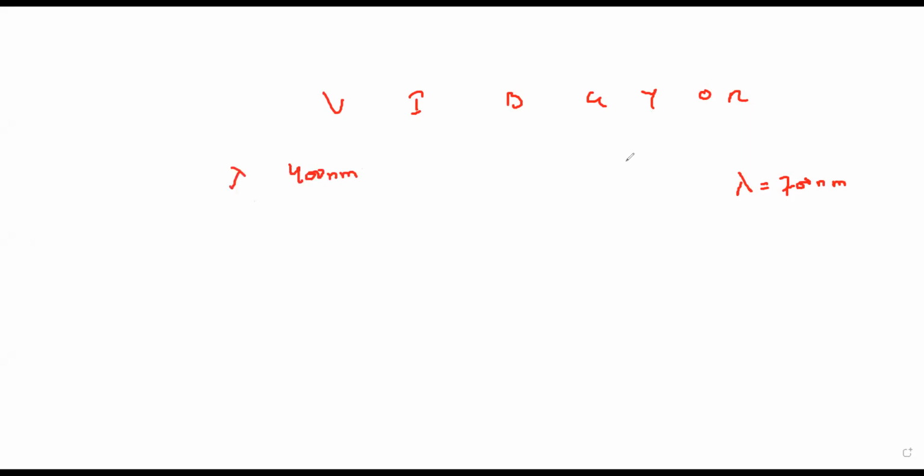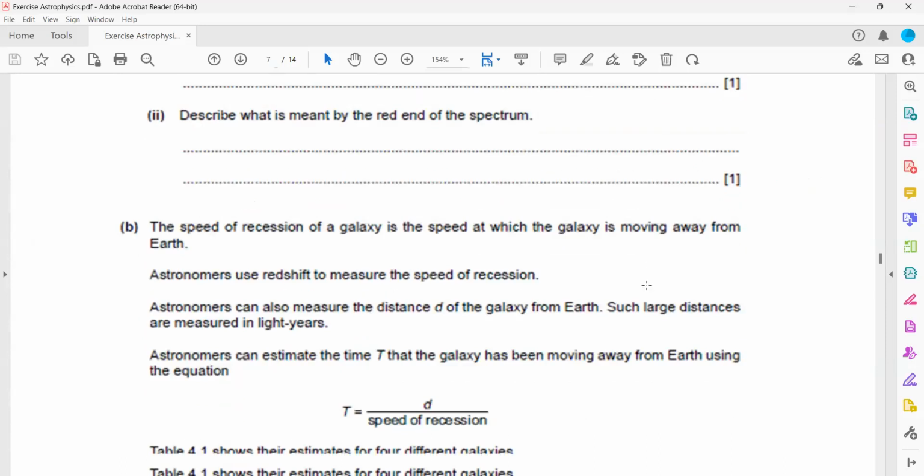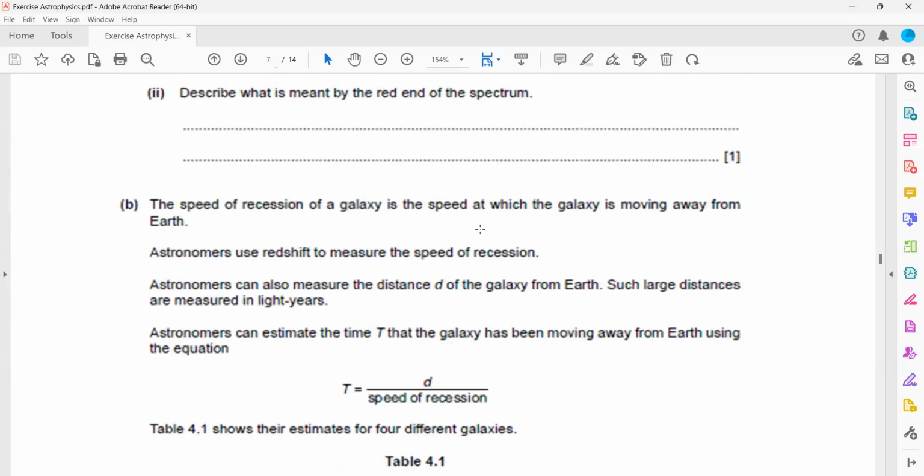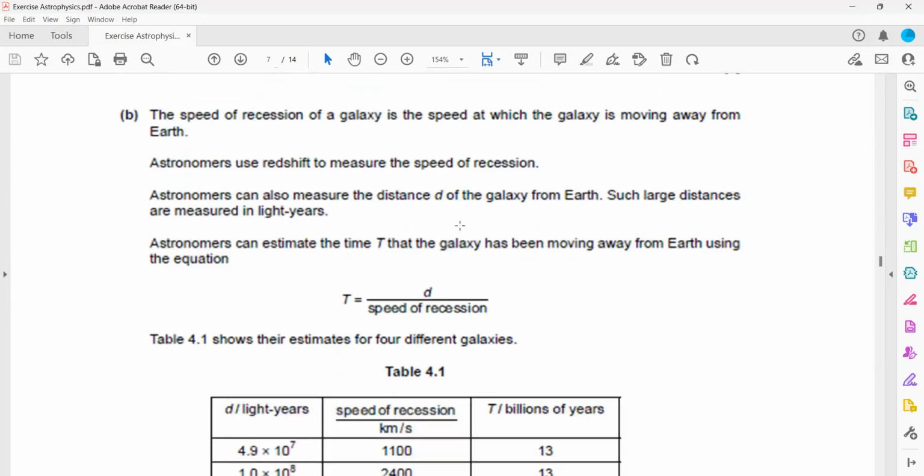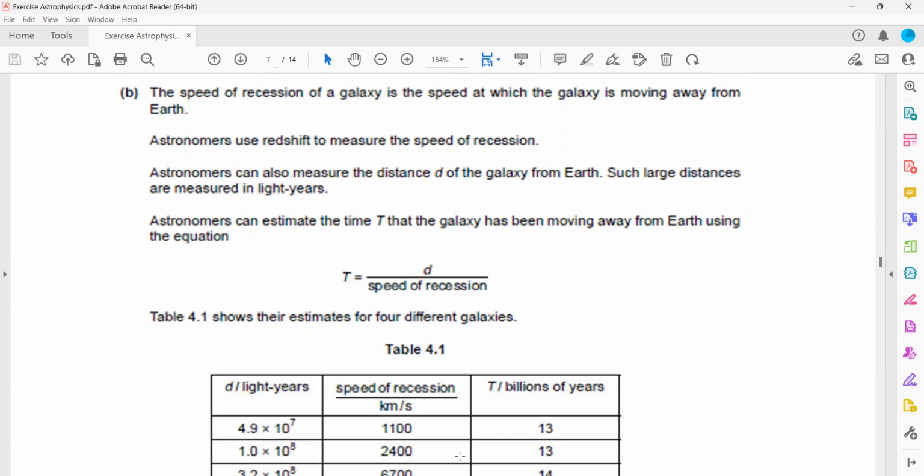So the red end of a spectrum means most of the wavelength is in a longer region. If you write that the galaxy is moving away from us, that is not correct according to the question. You only have to mention what is meant by the red end of a spectrum. It means the wavelength is increasing, on a longer wavelength and a shorter frequency.